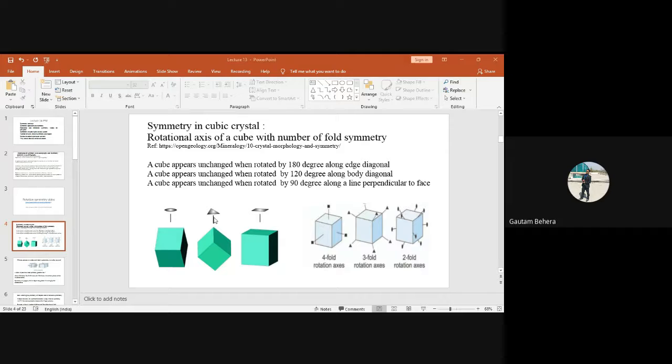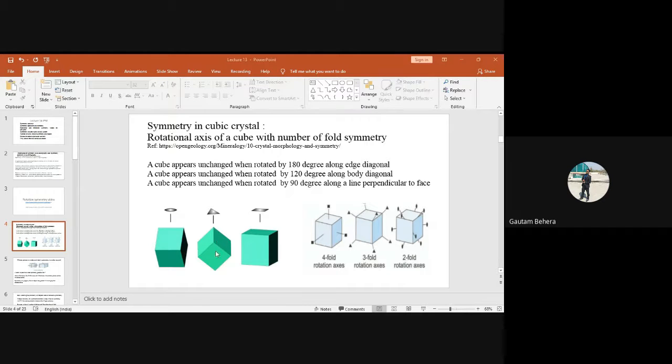So again, look at this second one. Now you want to choose an axis passing through the body diagonal. This is the body diagonal. It will pass through like this. And now you want to rotate it. So after what angle of rotation will the structure repeat again? That is 120 degree. Very good, 120 degree, right?